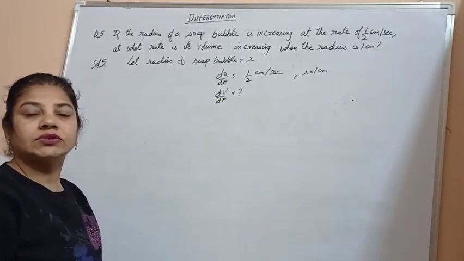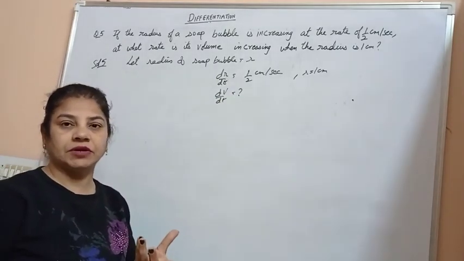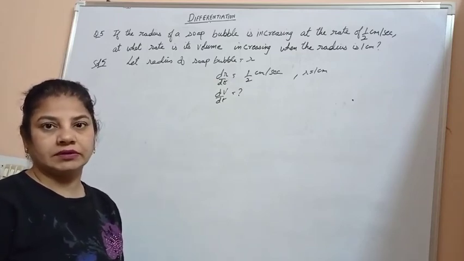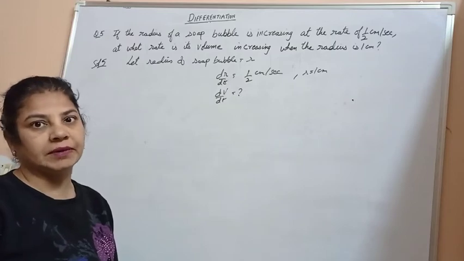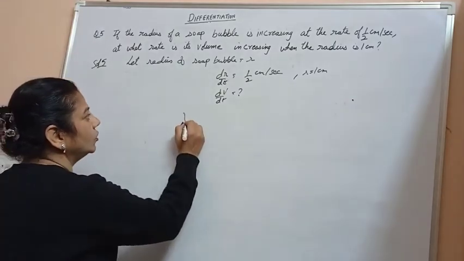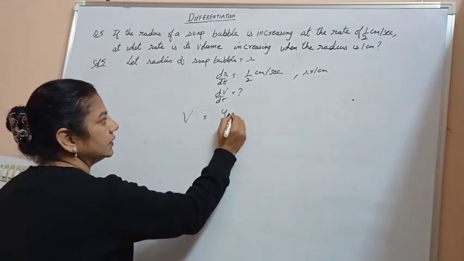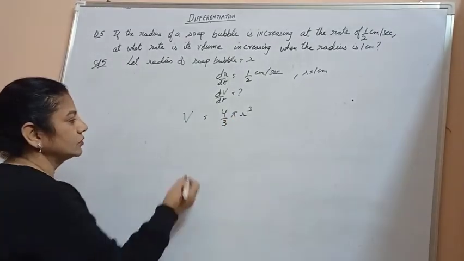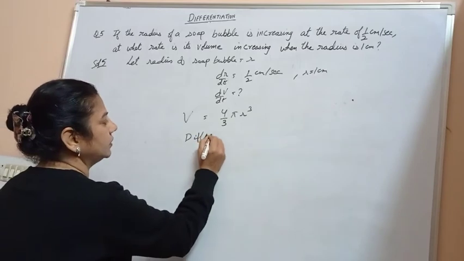As we know that the soap bubble is in the shape of a sphere, the volume of the soap bubble is equal to 4 by 3 pi r cube, the formula of the volume of a sphere. So differentiate with respect to t.